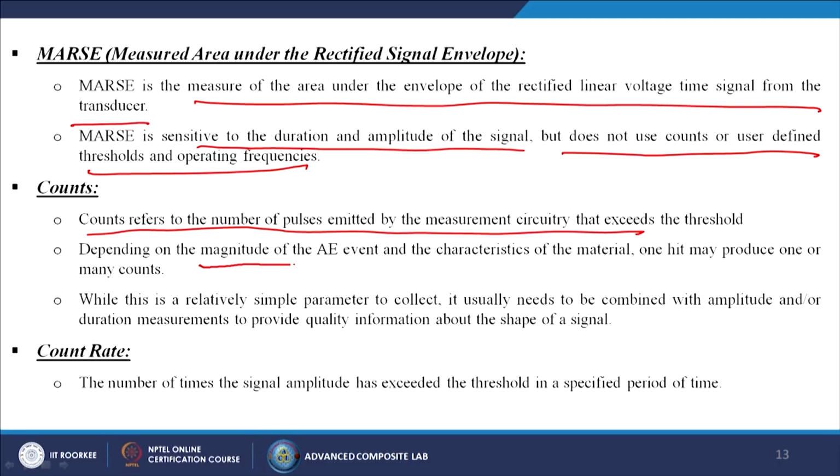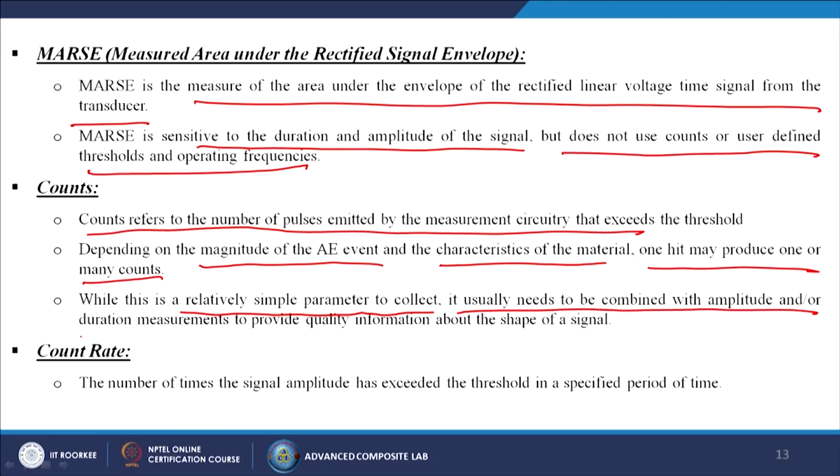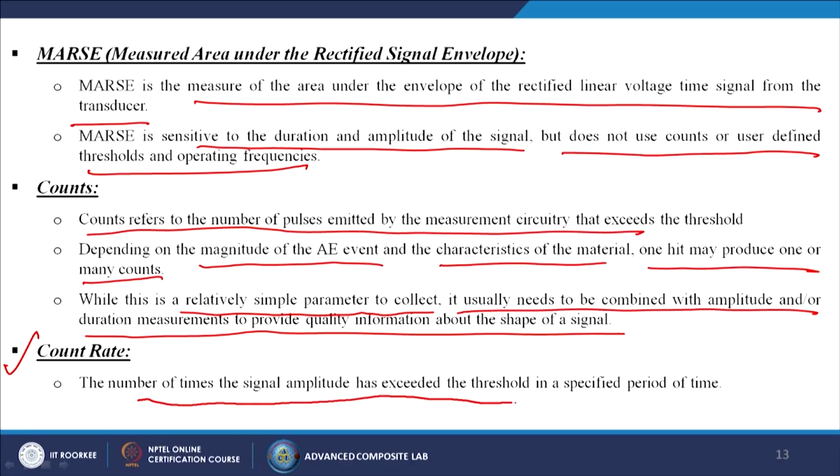Depending on the magnitude of the AE event and the characteristics of the material, one hit may produce one or many counts. While this is a relatively simple parameter to collect, it usually needs to be combined with amplitude and/or duration measurements to provide quality information about the shape of a particular signal. Then come to the count rate, the number of times the signal amplitude has exceeded the threshold in a specified period of time.